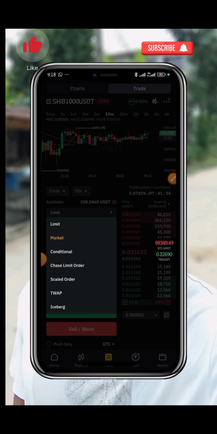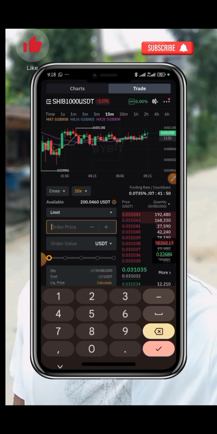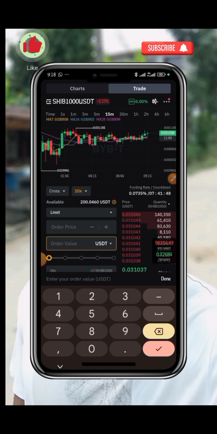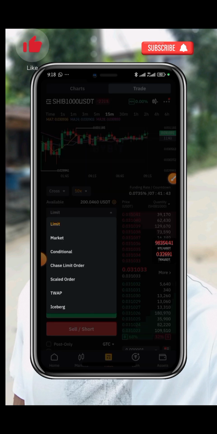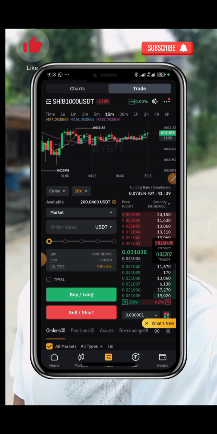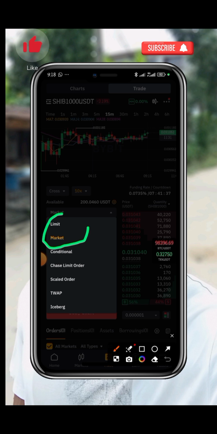You click on limit, put in the price here, and put in the amount of USDT you want to use to enter the trade. So that's for a limit trade. But when you see something like long at CMP, that's current market price, you can always use a market order. So for now, guys, these are the two things you will focus on: limit and market order.